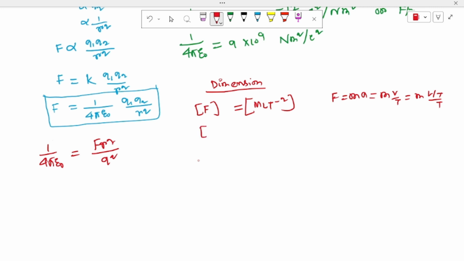What about the dimension of the charge q? We know current I is equal to q by t, charge per time.